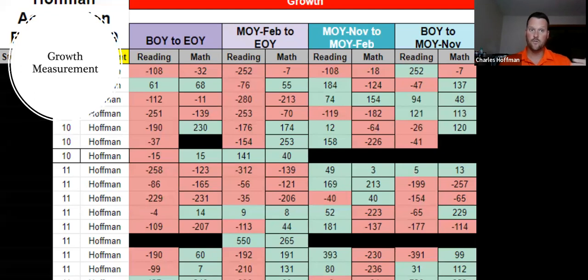But then from the beginning of the year to the end of the year, they went down about 100 points on their assessment. And so you can look beginning of year to end of year, and what we did is we just summed the numbers together to see how they grew or how they didn't.